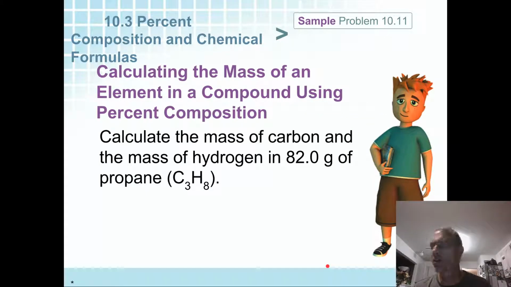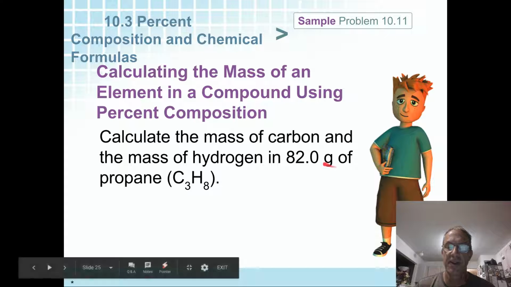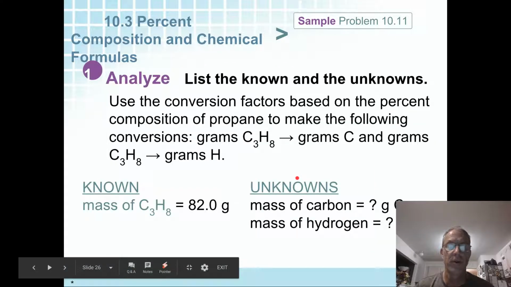So for instance, here's another one where they said calculate the mass. Let's say you've got 82 grams of propane, and we already know that about 18% of propane by mass is hydrogen. Well, then you just take 18% times that 82 grams. And that tends to work out quite well.